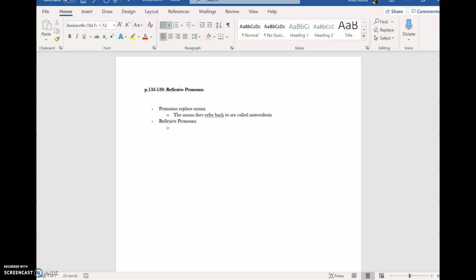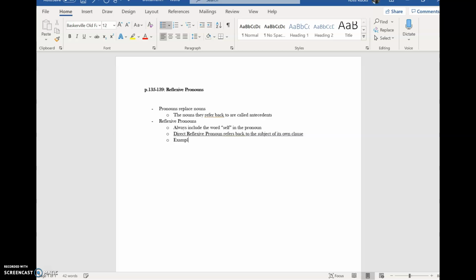These reflexive pronouns always include the word self in the pronoun. And a direct reflexive pronoun refers back to the subject of its own clause. That's very important. You need to know that definition, so make sure that you have that definition down. It refers back to the subject of its own clause.